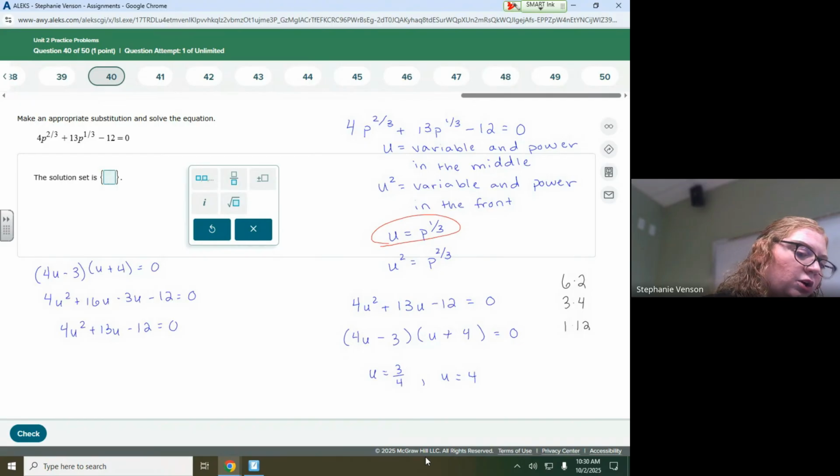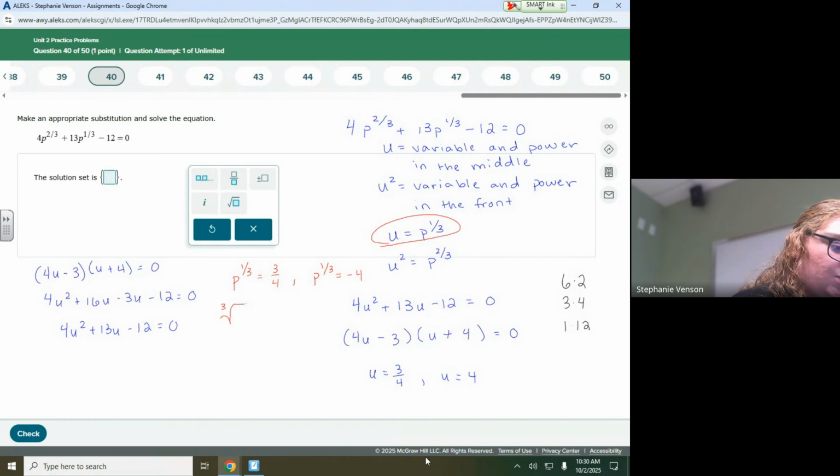The p to the 1/3, right. So what I really have is p to the 1/3 equals 3/4. And also p to the 1/3 is equal to -4. But we know that the 1/3 power is the same thing as the cube root.